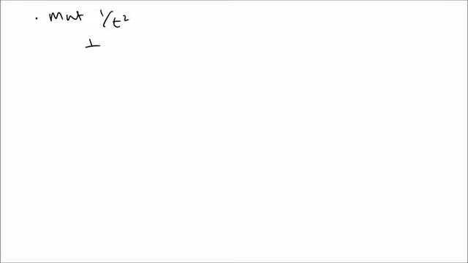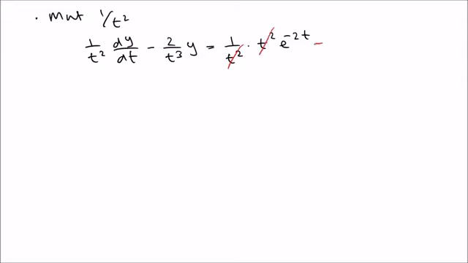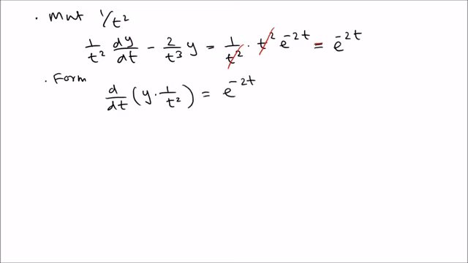You get 1/t^2 dy/dt minus 2/t^3 y equals, on the right side, 1/t^2 times t^2 e^(-2t); you can see this cancels very well, and you have e^(-2t). Then we can write the form so that this side automatically becomes d/dt of y times the integrating factor. The other side is e^(-2t). We can integrate this now.